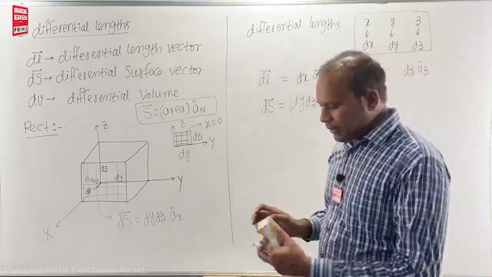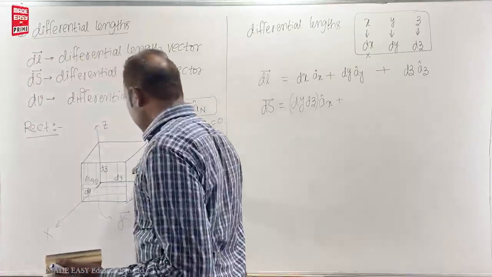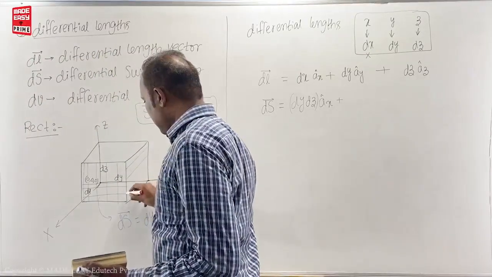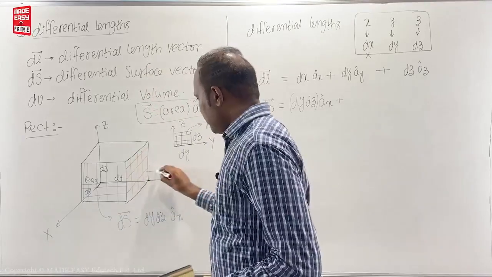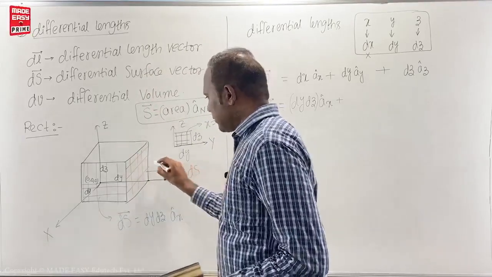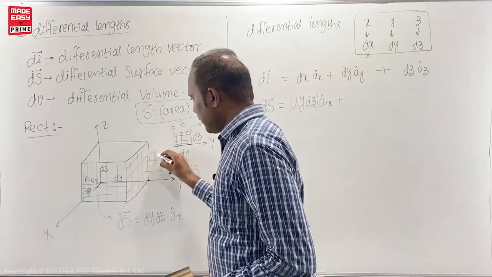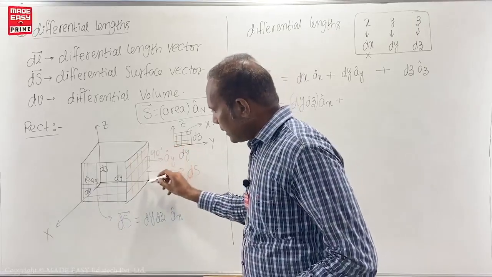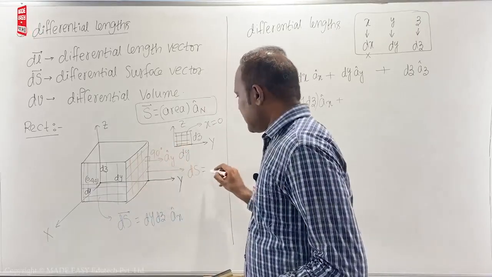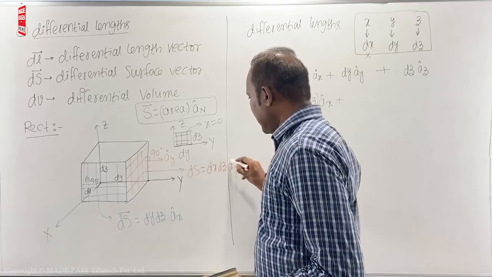Similarly, for this surface, y is constant. This is ds, and this is ay cap, that is 90 degrees to this surface. Then this is dz and this is dx. So ds is equal to dx dz ay cap.